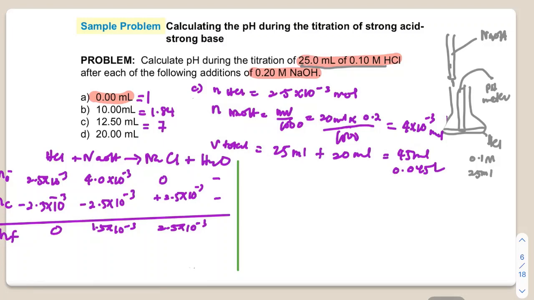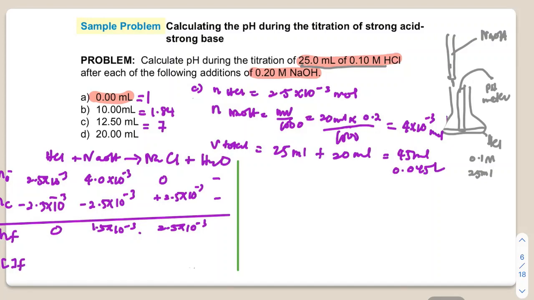So let's check what we have in this reaction vessel after the reaction has been completed: the salt, which we know is a neutral salt, and also a strong base. So the pH that was measured by the pH meter is actually contributed by the strong base, sodium hydroxide.